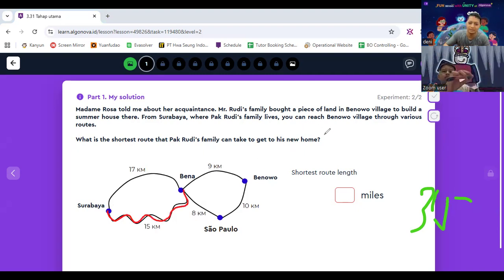It's 15. And then after that, you can choose this road, 9. So 15 plus 9 becomes 24.